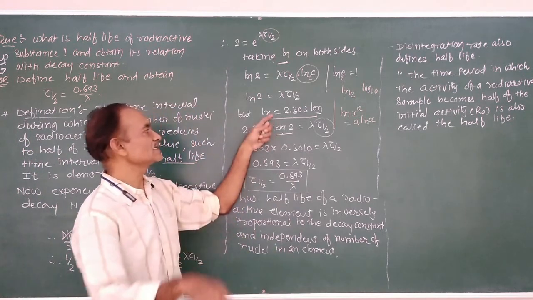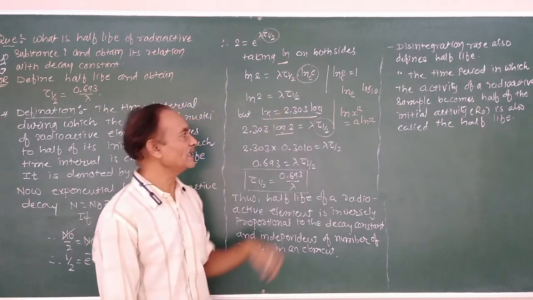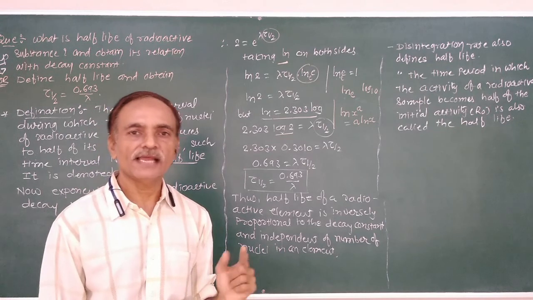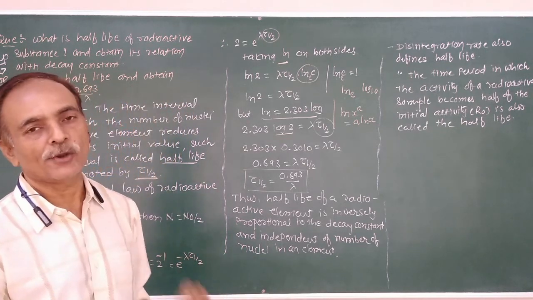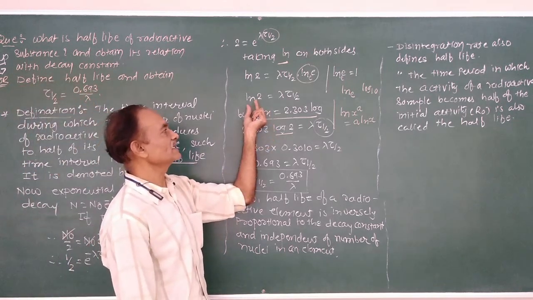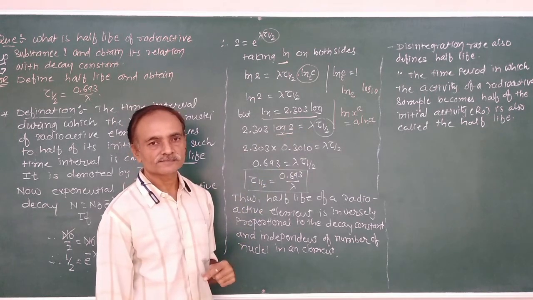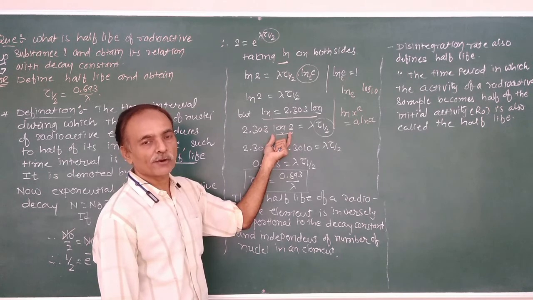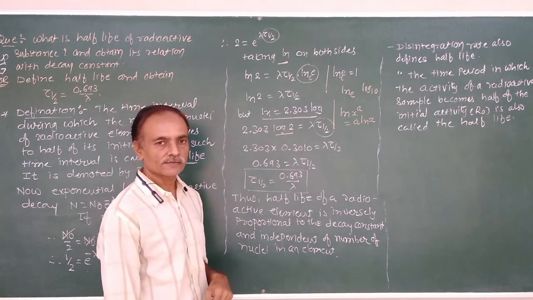Keep in mind this relation. What is the relation between ln and log? ln is equal to 2.303 log. Substitute here. Therefore, 2.303 log 2 is equal to lambda tau half. Now we substitute the value of log 2 from the log table. Log 2 is equal to 0.3010.